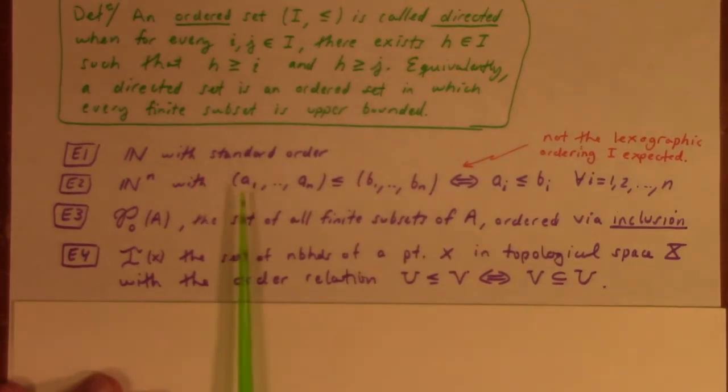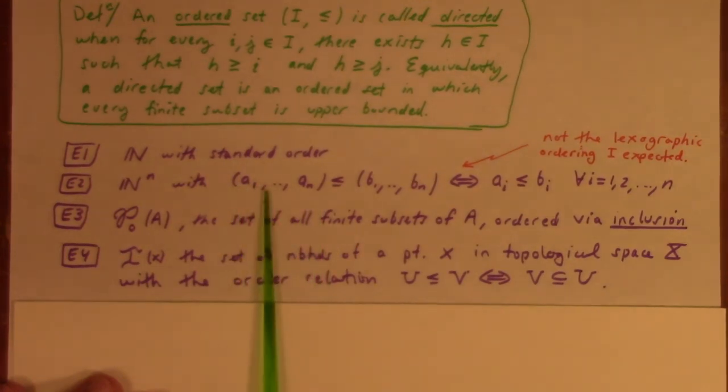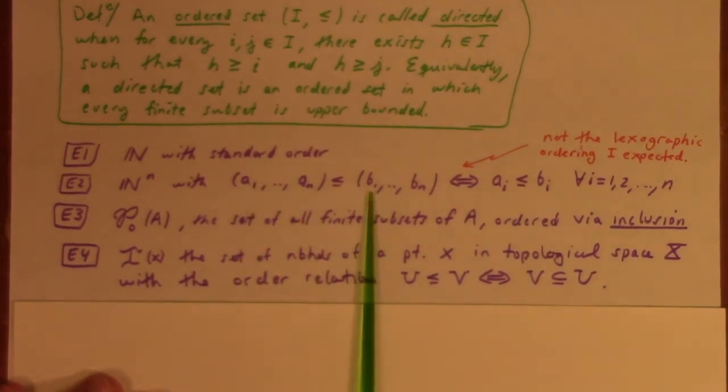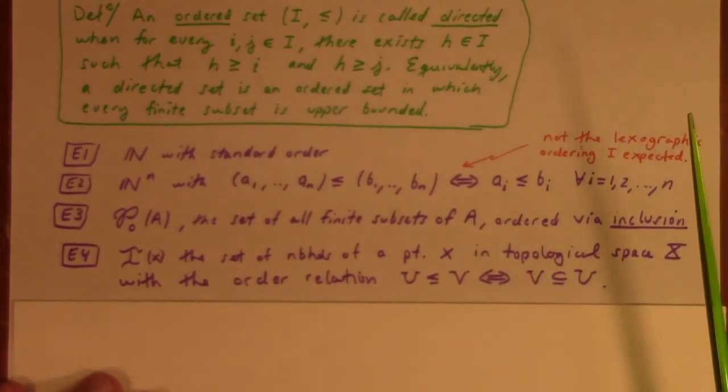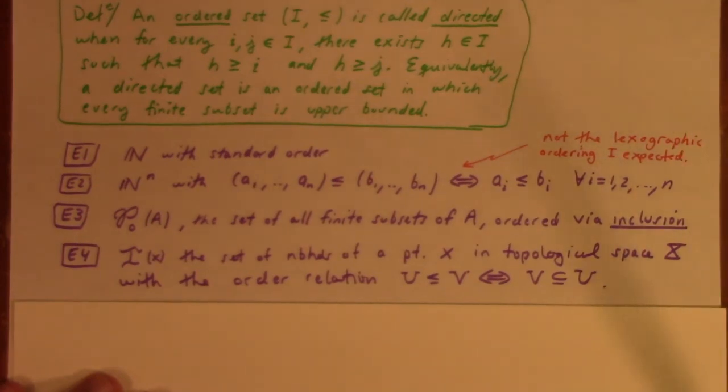If the first letter of this one starts with A and the first letter of that one starts with B, then game over. It doesn't matter what happens after that. This comes before that. So this could be A, Z, Z, Z, Z, Z, Z, Z, and this could be B, A, and it would still be that this is less than that in the dictionary ordering, right? But this is not that. Anyway, it's not the ordering I expected. So he doesn't do anything with it anyway. It doesn't matter, but just saying.